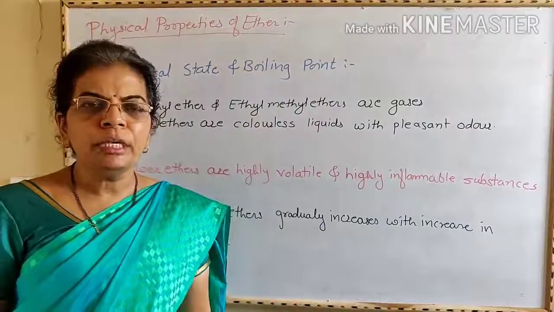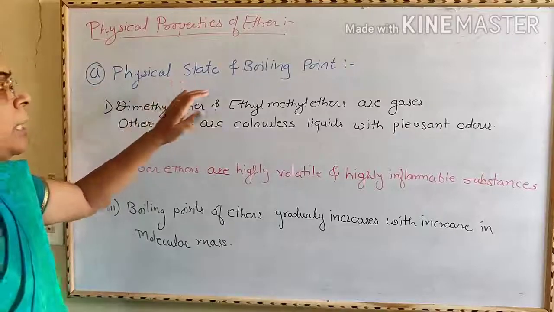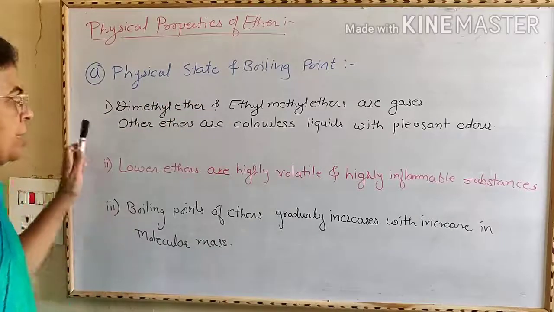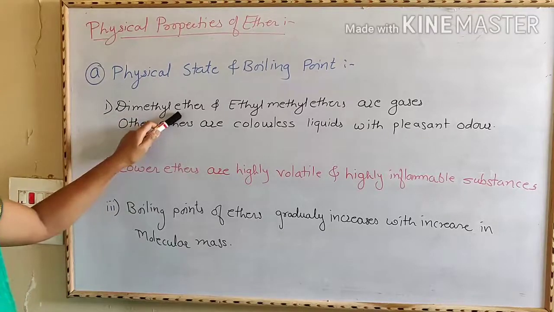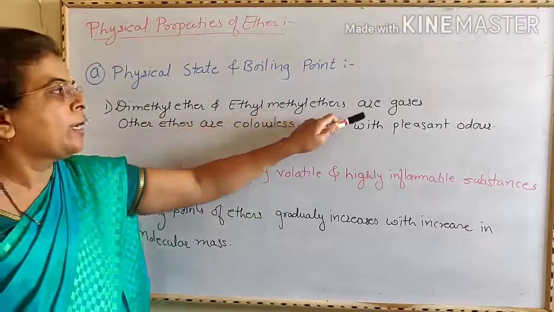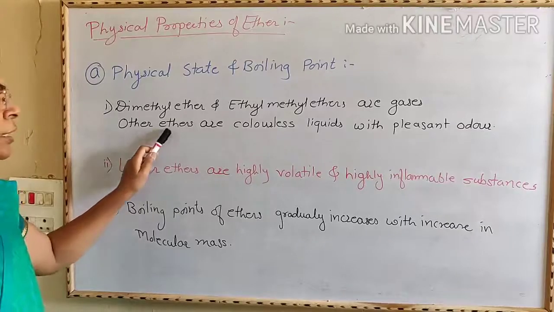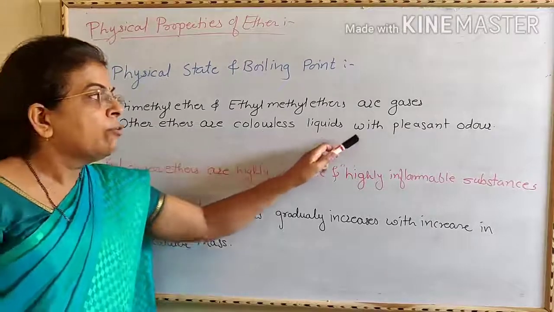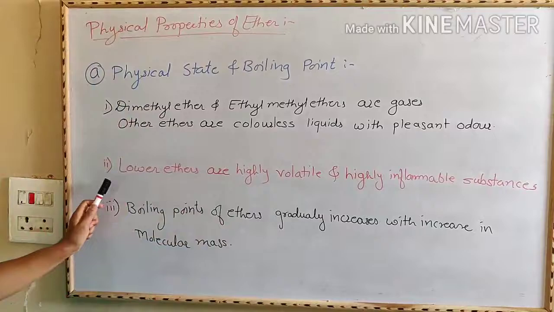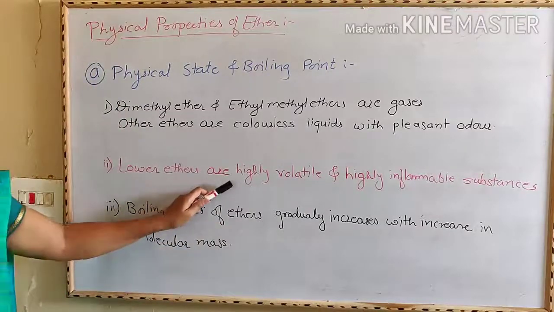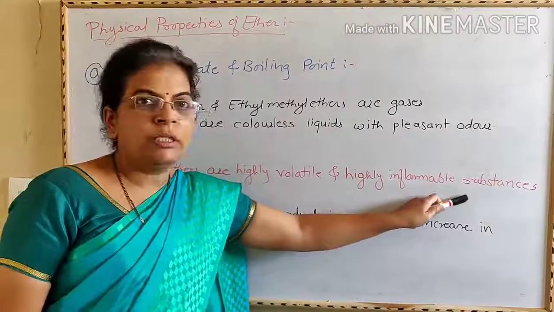Now we are going to see physical properties of ethers, in which first property we are going to see is physical state and boiling points. First, physical state. Dimethyl ether and ethyl methyl ether are gases, while others, that is higher members of ethers, are colorless liquids with pleasant odor. Second, lower ethers are highly volatile and highly inflammable substances.